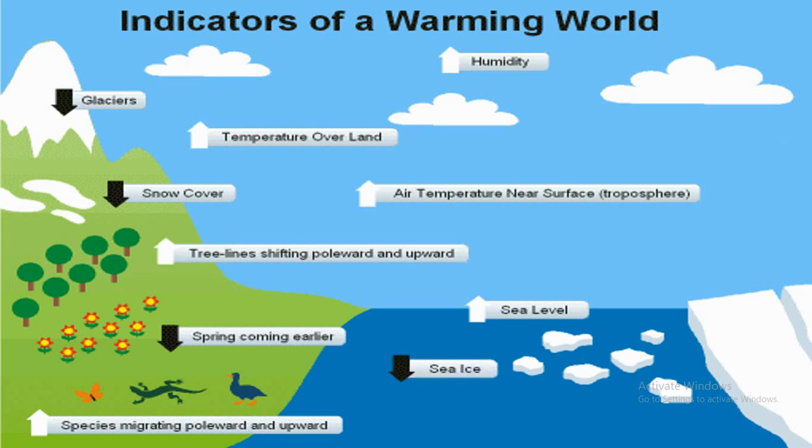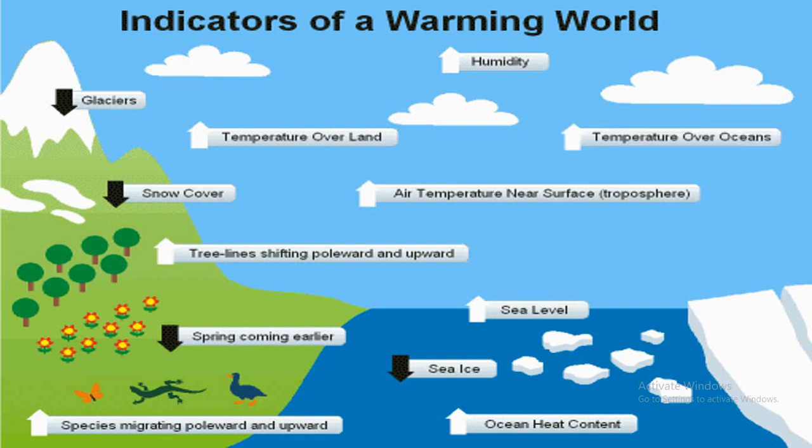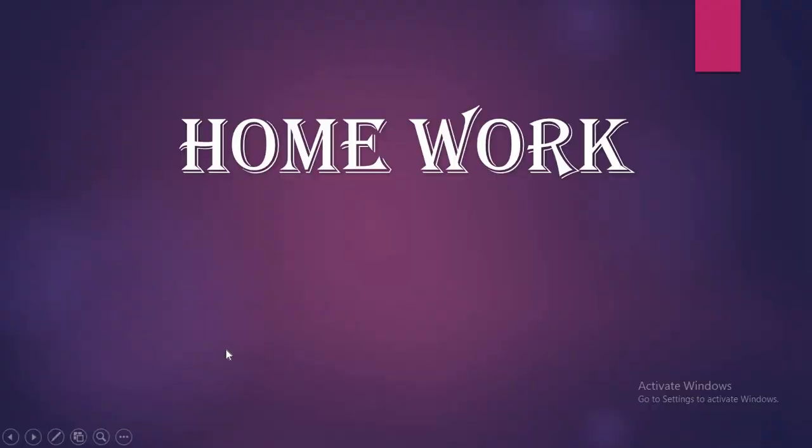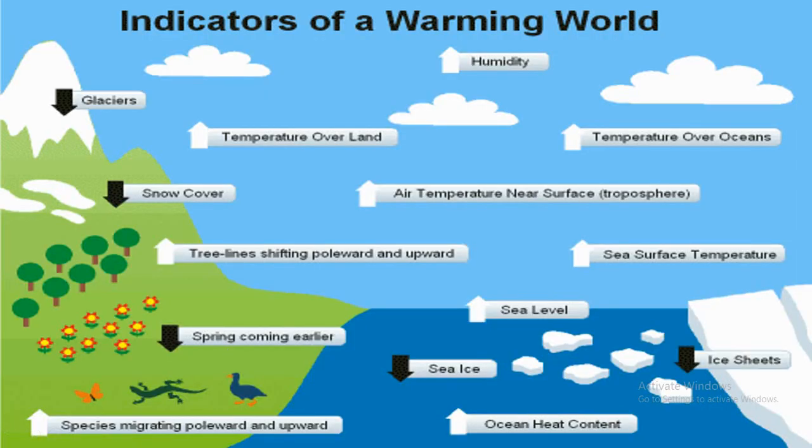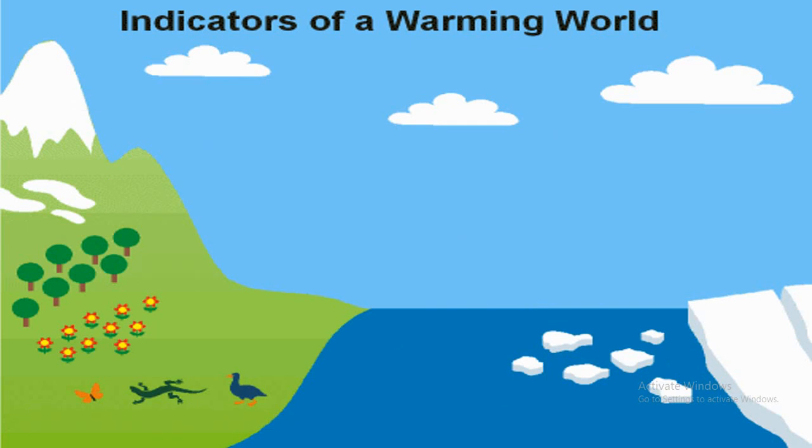In the same way, the temperature also increases. The tree line is shifting poleward and upward. Humidity and temperature over the ocean also rise.